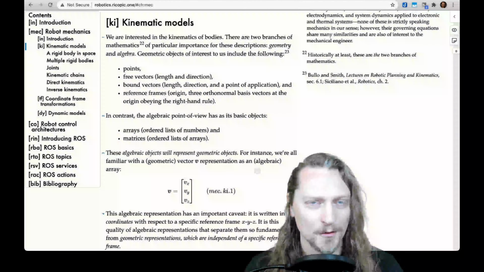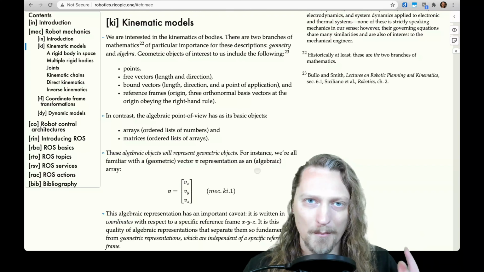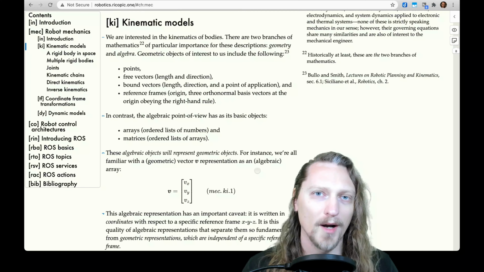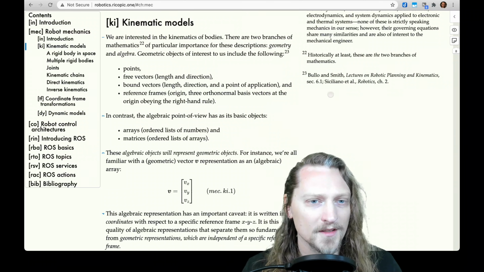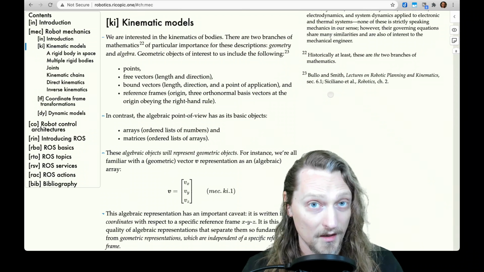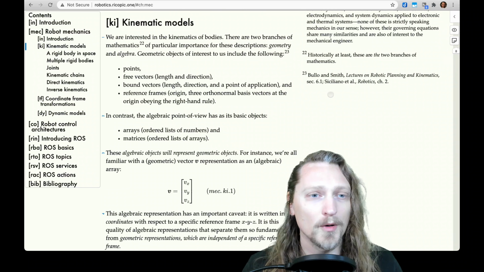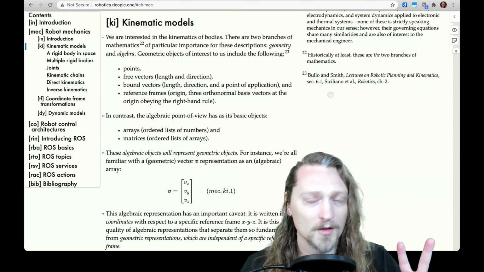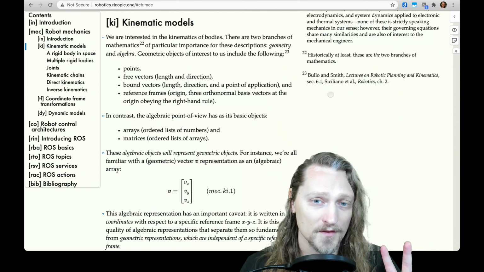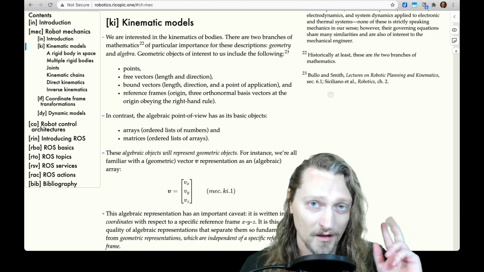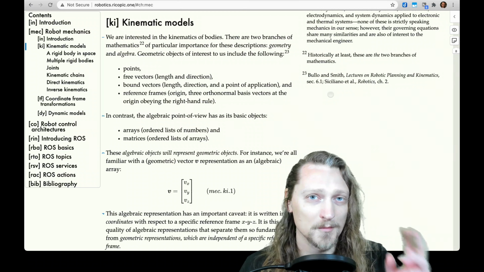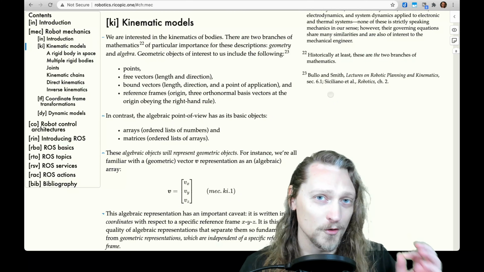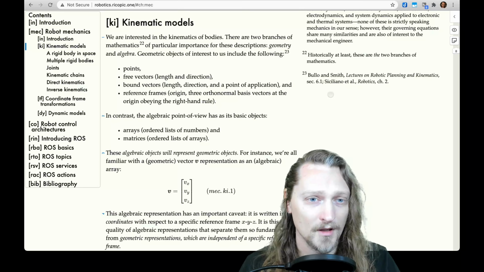All right, welcome to Kinematic Models, part of the chapter on robot mechanics. We are interested in the kinematics of bodies. There are two branches of mathematics of particular importance for these descriptions: geometry and algebra, sometimes considered the two branches of mathematics.